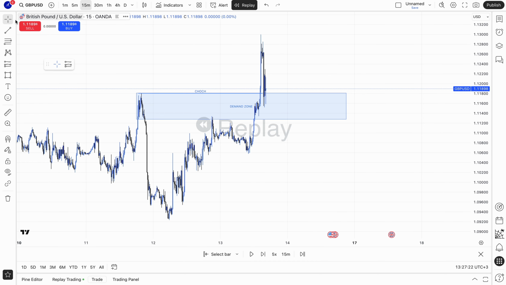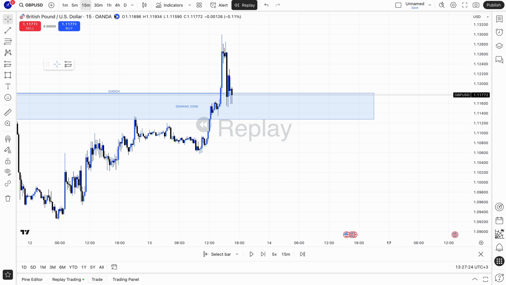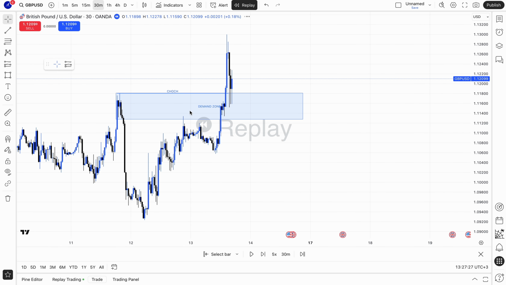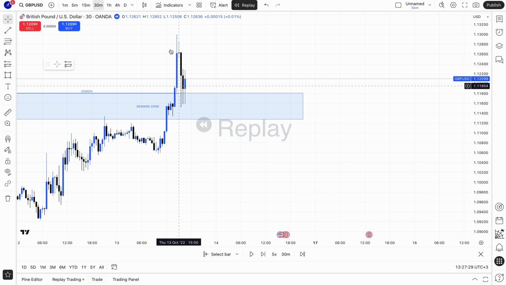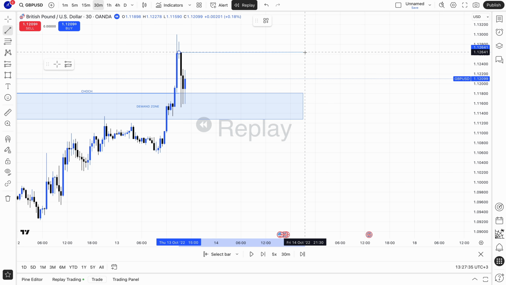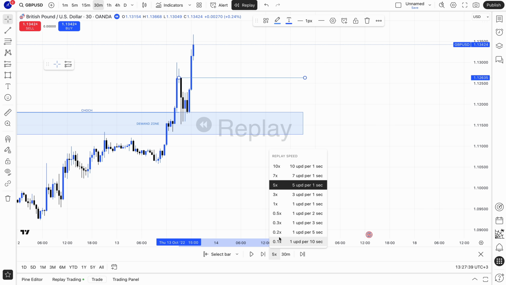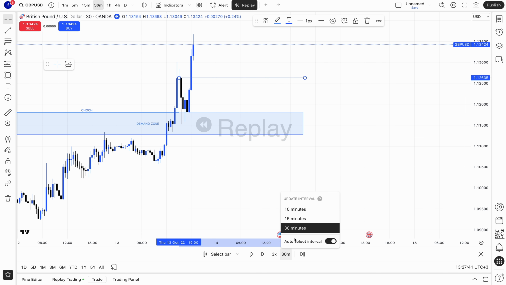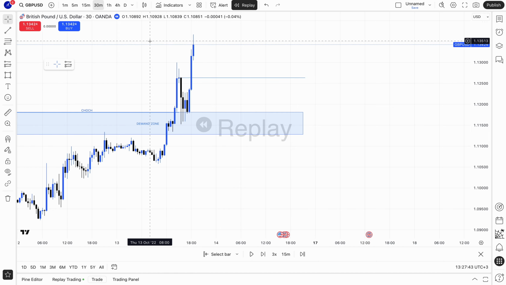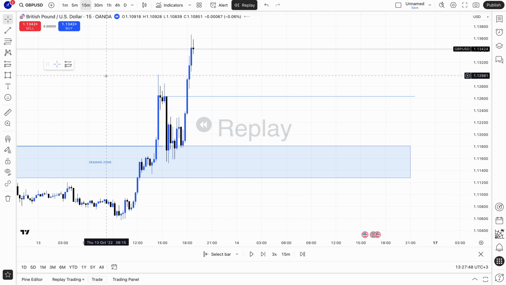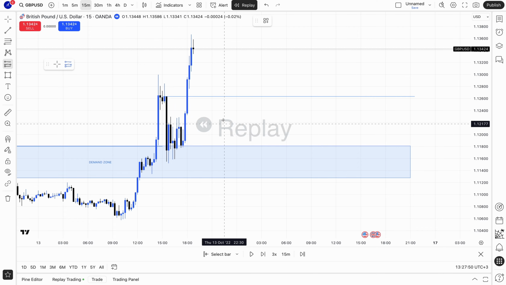So here you can see now had the retest, but still you need to kind of break from here. Then you had that. Our entry point is just here.